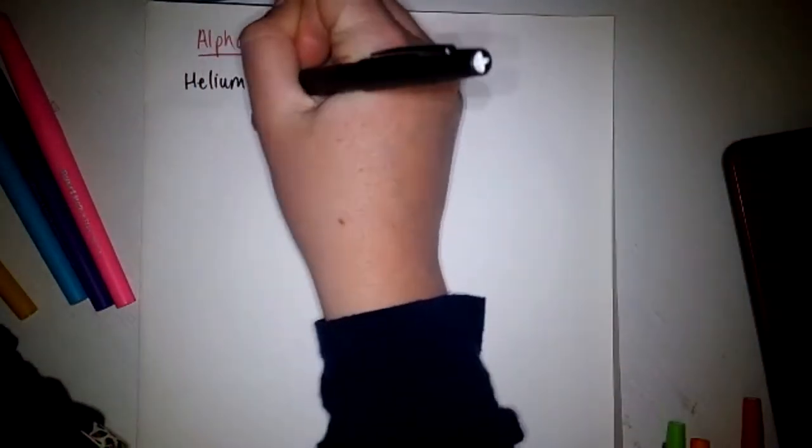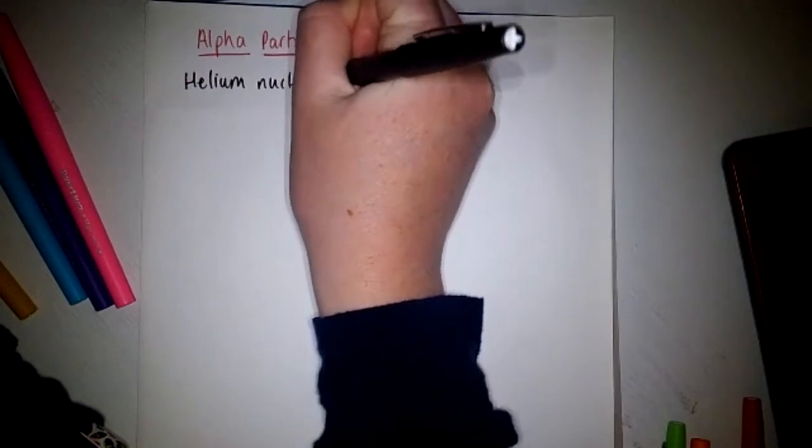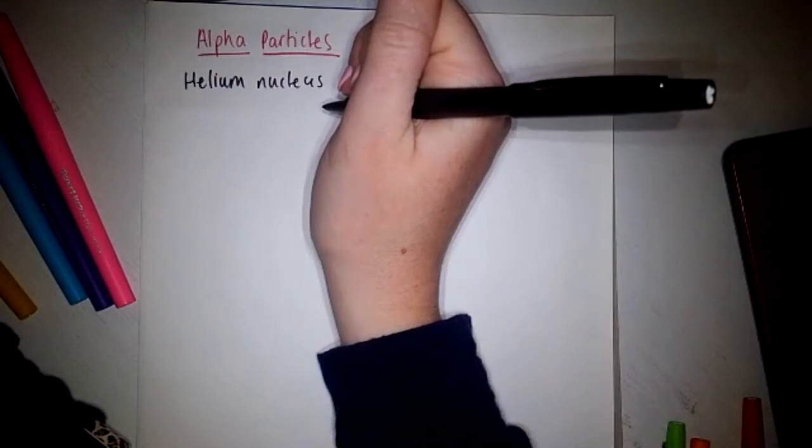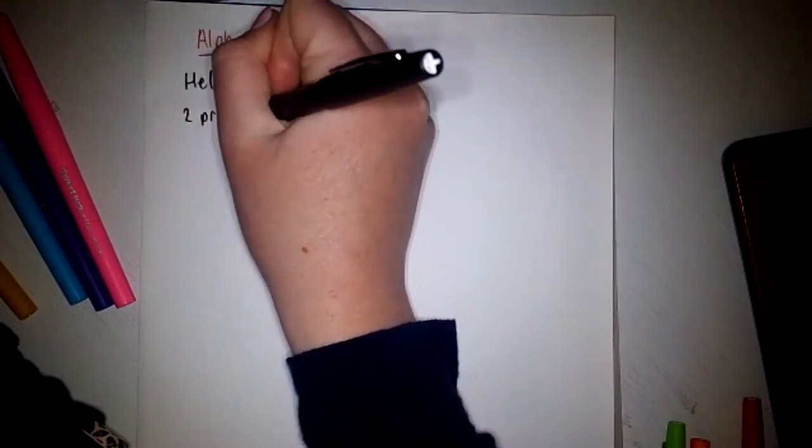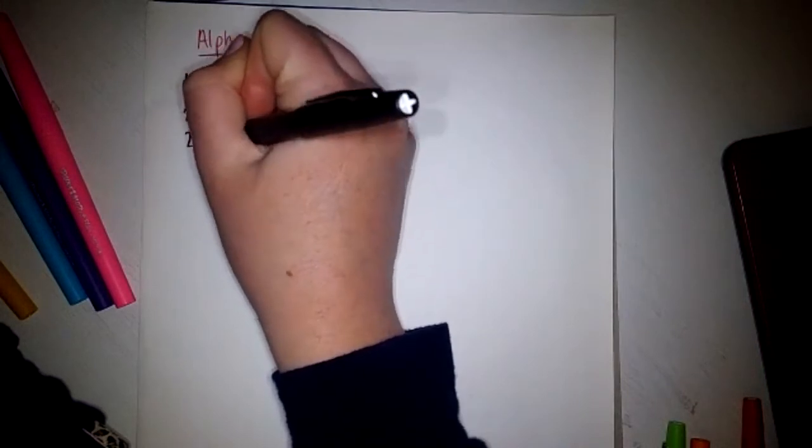And we're going to start with alpha radiation, like I said. So alpha particles. Helium nucleus, like we've already said. They have got 2 protons, 2 neutrons.